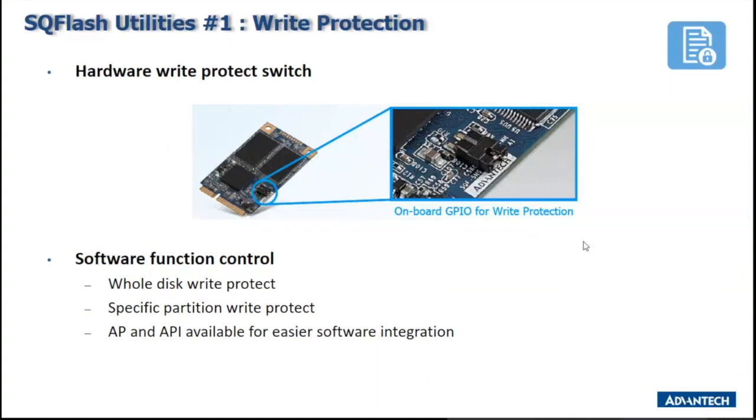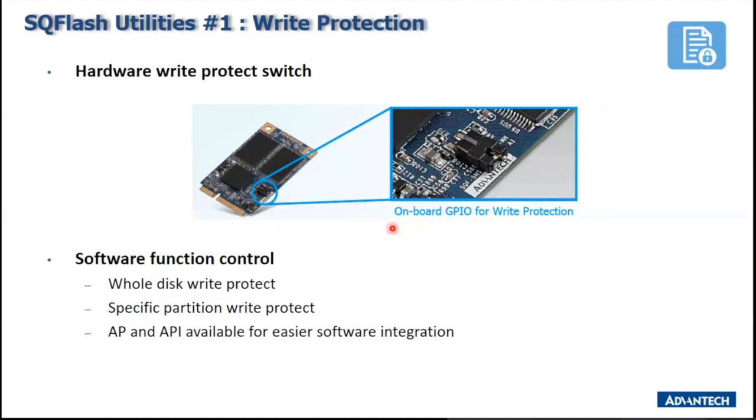The first utility: storage devices must be read-only with no data or parameters that can be modified, to ensure that the data is always valid and safe. For data write protection, users only need to remove the jumper, as you can see here on the board, the GPIO.